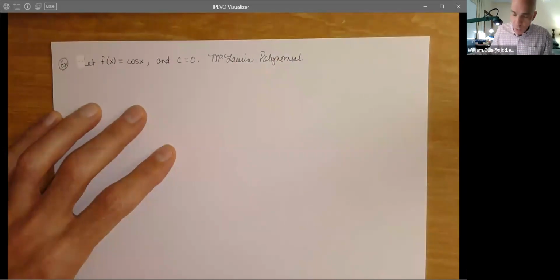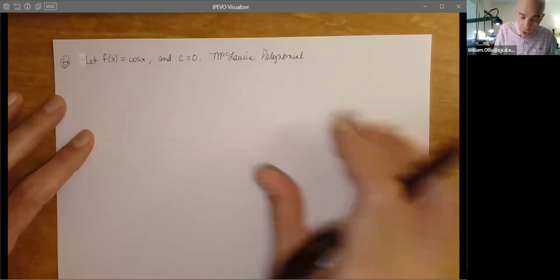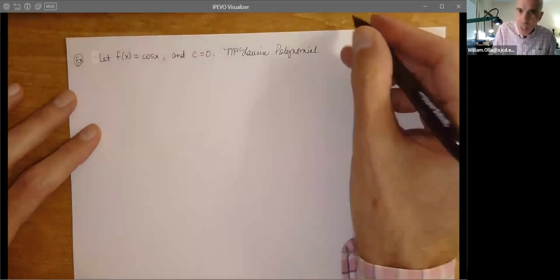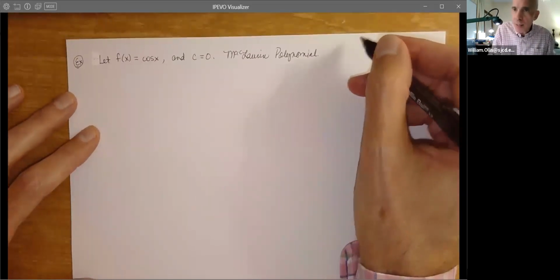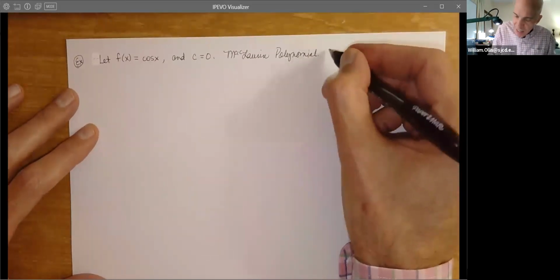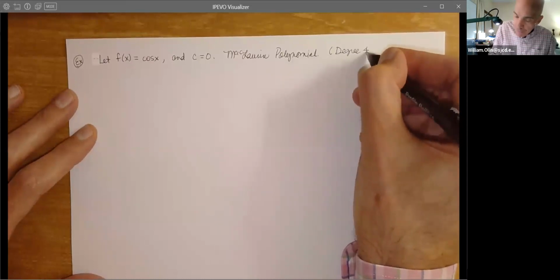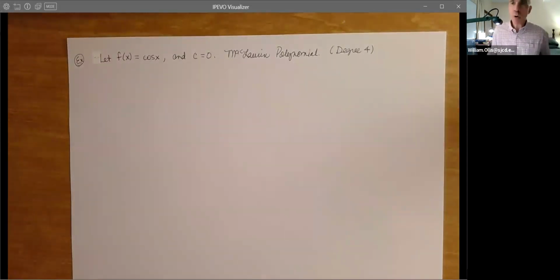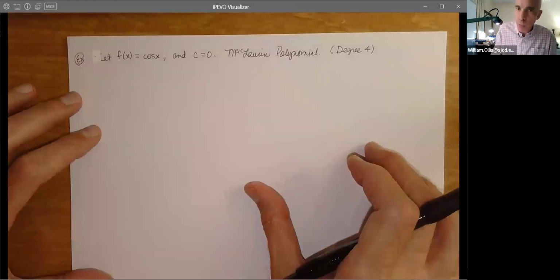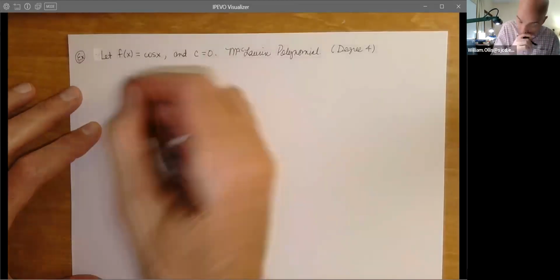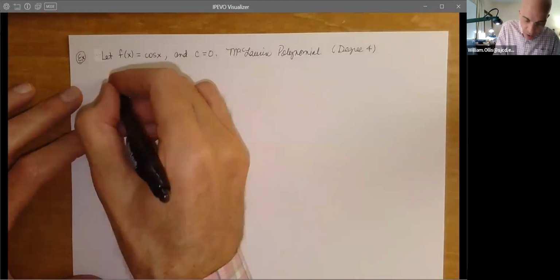Now these have nice derivatives like we had before. So I just want to review this. And so let's just do like we did before. In this case, let's do a degree 4. And then on some of the next ones, we'll actually evaluate the remainder theorem once you get used to doing this again. So let's look at this.